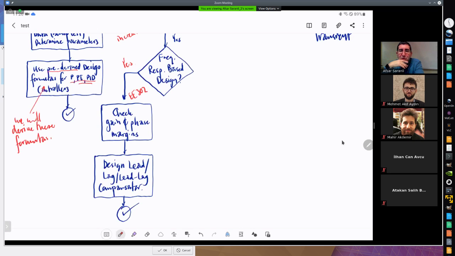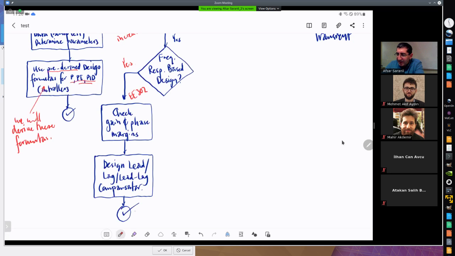Usually we want to increase those margins because the gain and phase margins are stability margins for the system. Often we play around with the phase margins. We increase the phase margin of the system to make the system more robust in terms of its stable behavior.